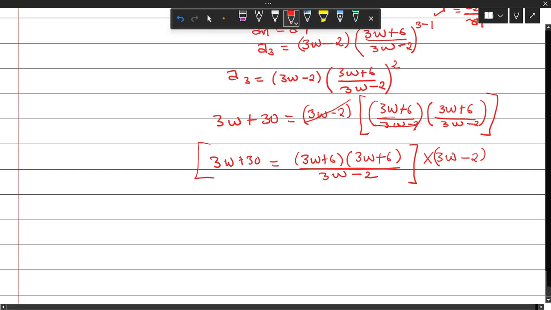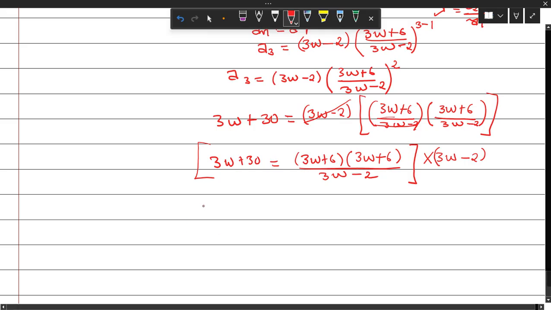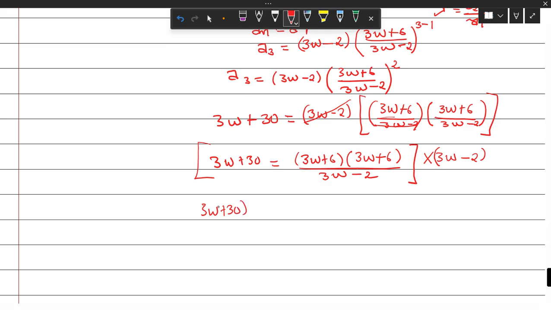This is on my right end. Then this will multiply by this. We are multiplying both sides, left and right. So on my left, I'll have 3w plus 30 multiplied by 3w minus 2 equal to, so this multiplied by this and this denominator will cancel. So I'll just remain with 3w plus 6, 3w plus 6. So now we simplify.